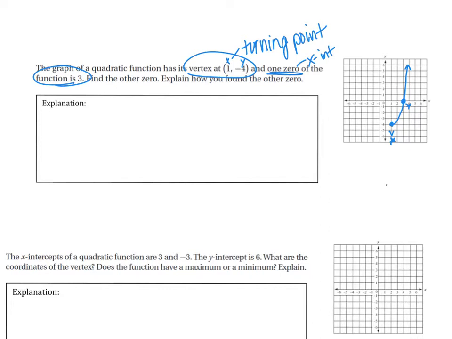So what we know right now from previous lessons is that the vertex is the turning point, and from the right side and the left side from that turning point, it's symmetrical. And so that line is called the axis of symmetry. So if we draw that vertical line down the middle through the vertex, we can figure out what the other half of the graph would look like based on that symmetry line.